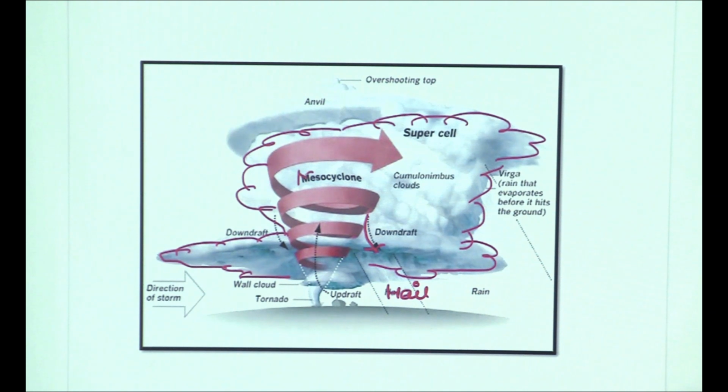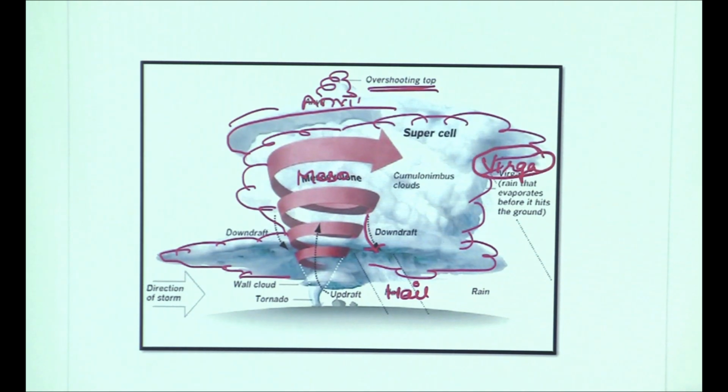A mesocyclone is written because it is substantially big in height. And then we have got the anvil top, which develops this overshooting top. Another term that is written here is virga. Virga basically is the rain that evaporates before it reaches the ground, and we do have rain here. So rain and hail all is happening.